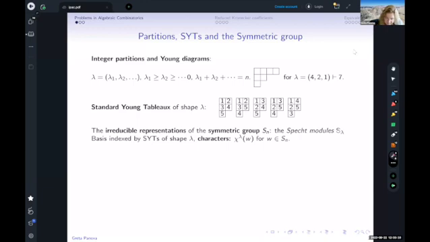The characters of the representations are integer valued and can be computed by the Murnaghan-Nakayama rule. And as another result we recently have, the characters are pretty complicated in a computational complexity sense.